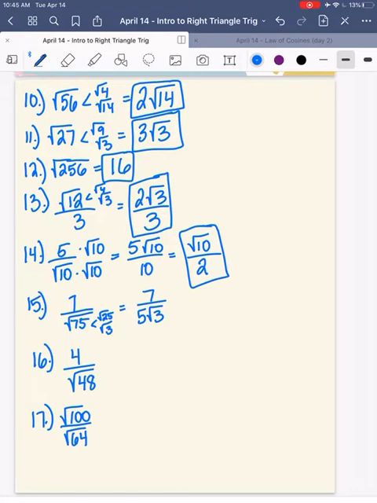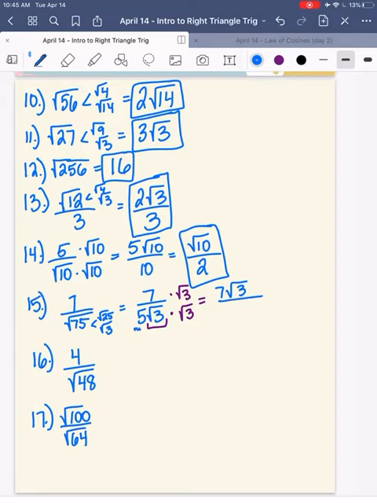All right, so number 15, I don't think y'all had trouble breaking down the denominator, the 75. I think it was when you had to go to the next step, or the final step, honestly. Okay, so this is the problem child, so that's what we're going to multiply to the numerator and to the denominator. And then we'll have 7 root 3, and here's where I think some of you made your mistake.